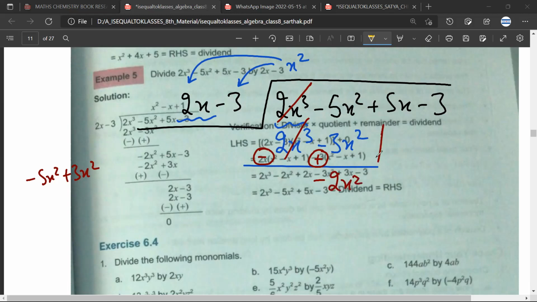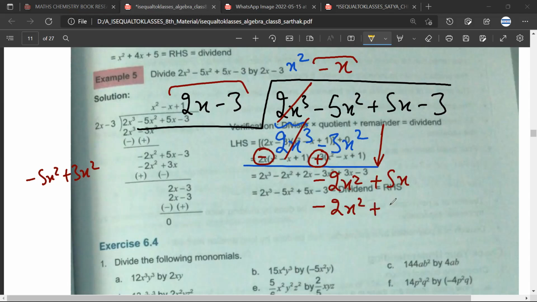Otherwise, they will become difficult later. Okay, can you suggest what I should take as the second term? Minus x. Okay, so minus x into 2x minus 3. This would be minus 2x square plus 3x. Any doubt? No, sir.